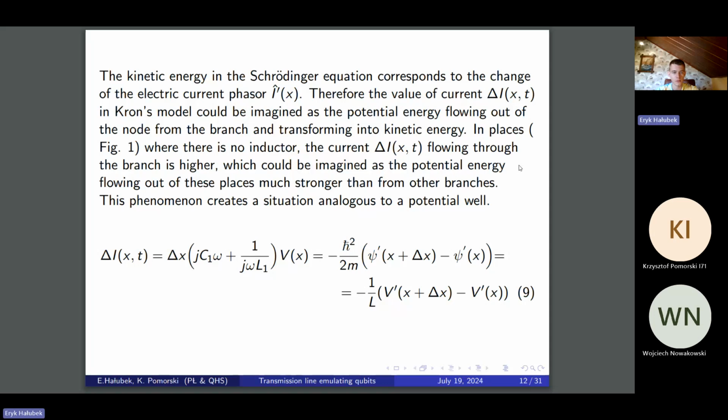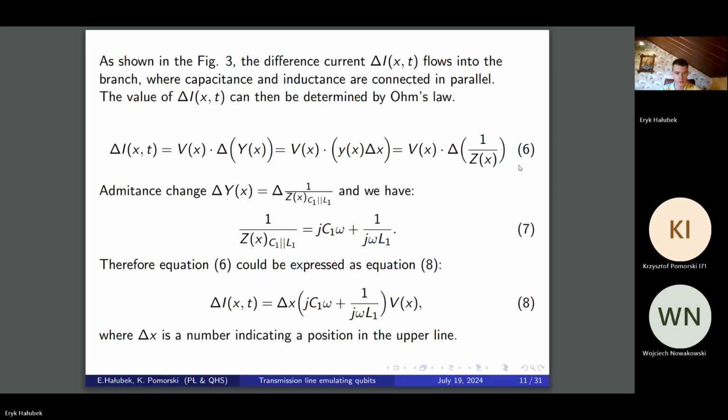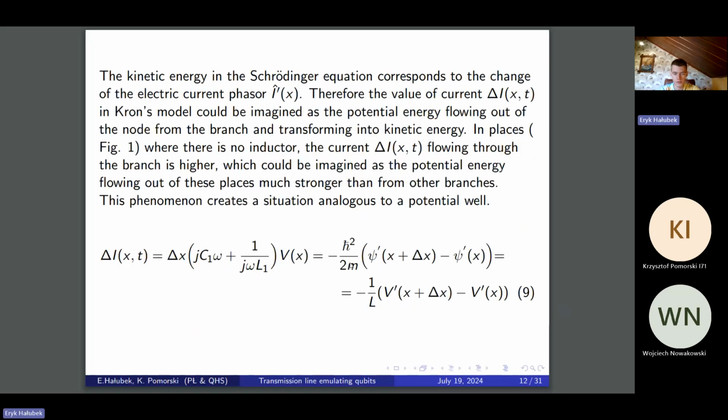Okay, so this expression, equation 8 for the delta I of x current, could then be transformed to equation 9, as we can see here, where the potential V corresponds to the wave function.